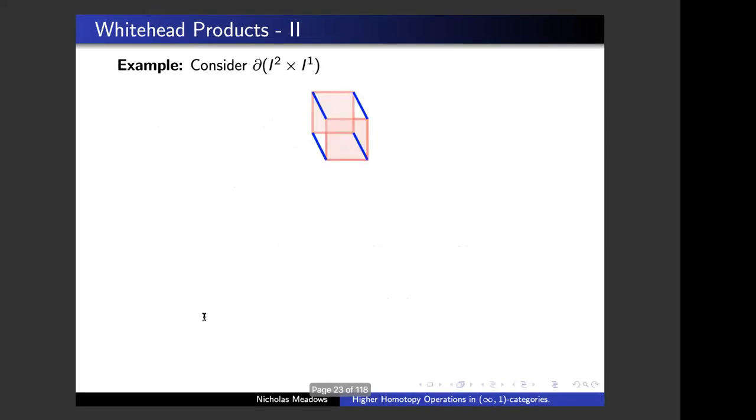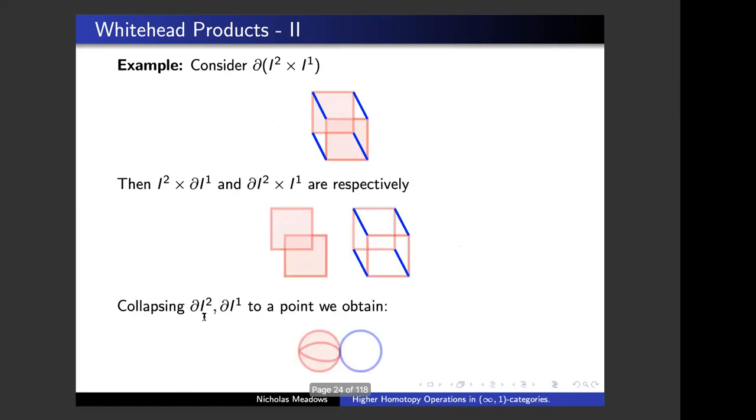As an example, let's consider the boundary of I² times I¹, which is just going to be the boundary of a cube. I've put I¹ in blue and I² in red. Then I² times the boundary of I¹ gets identified with two disjoint copies of the square, and the boundary of I² times I¹ gets identified with the second picture, except you should think of the sides going back as filled in.